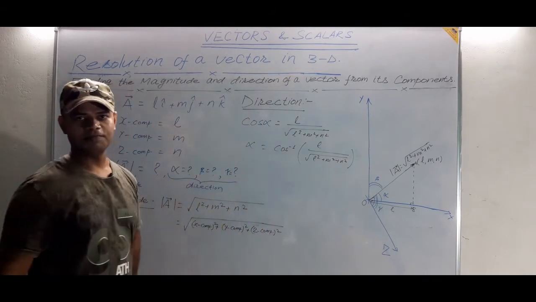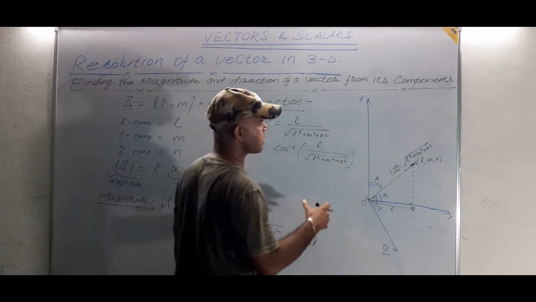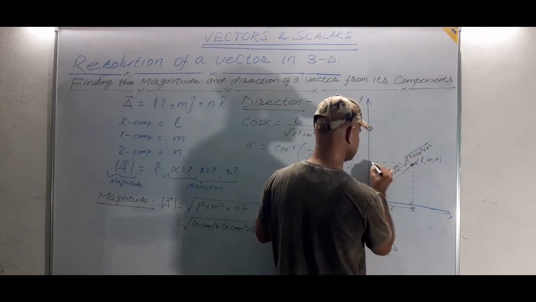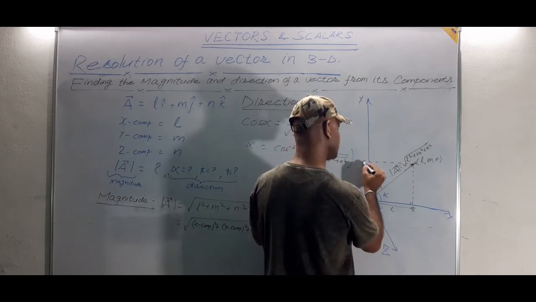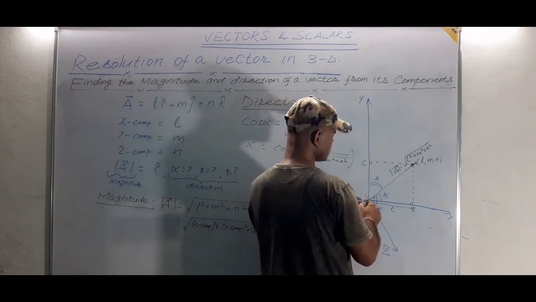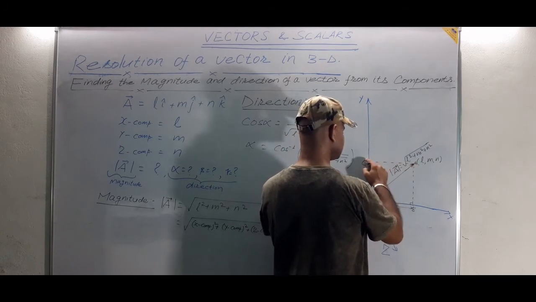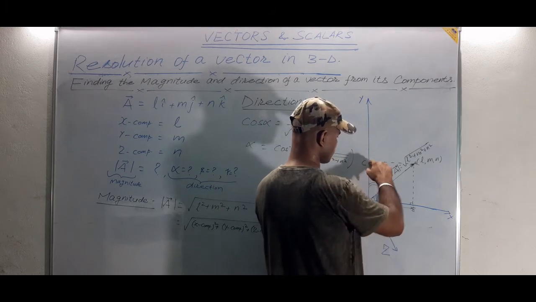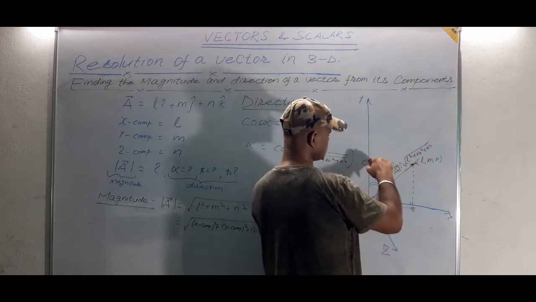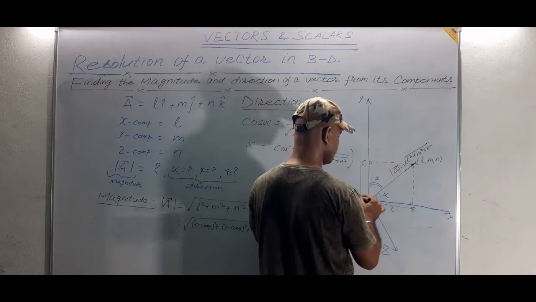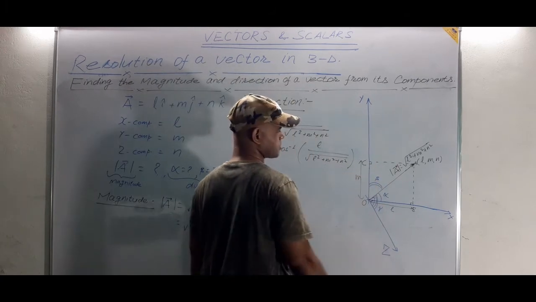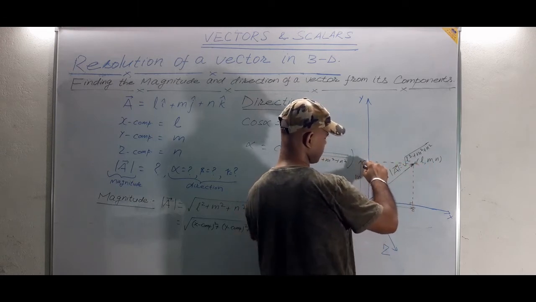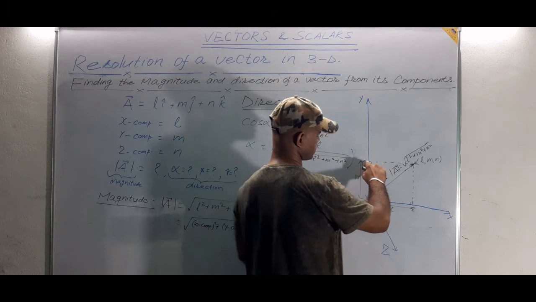So this is alpha. Similarly, we can find beta by dropping a perpendicular from the head of the arrow on the y-axis, and let's name this point C. Again, in this right angle triangle OAC, beta can be calculated by writing cos beta is equal to base upon hypotenuse. And this base length is nothing but M, because the y coordinate of the head of the arrow is M. If you drop a perpendicular, the point of intersection will be at a distance of M from the origin.